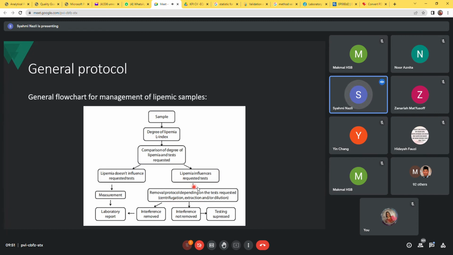For analytes with a low level of lipemic interference, you need a protocol depending on the test requested. As I told you before, you can use dilution for lipophilic analytes, you can do extraction, or you can do centrifugation. And if the interference has been removed, you can proceed with producing the formal laboratory reports.